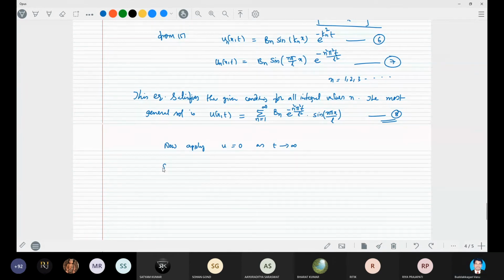That implies equation 8 becomes 0 = the sum from n = 1 to infinity, where u = 0 has been given, of b_n sin(nπx/L) times e^(-n²π²t/L²). As t tends to infinity, e to the power minus infinity is 0, so the total becomes 0, right?